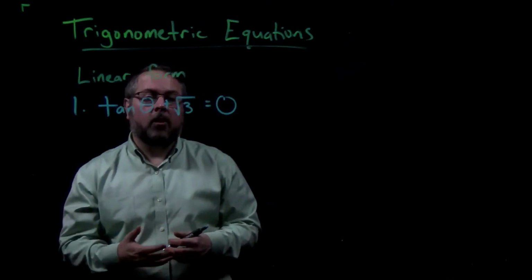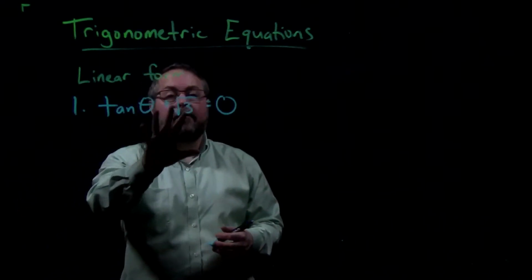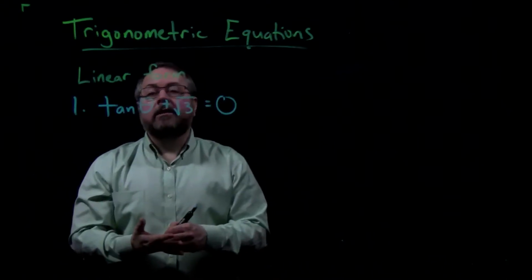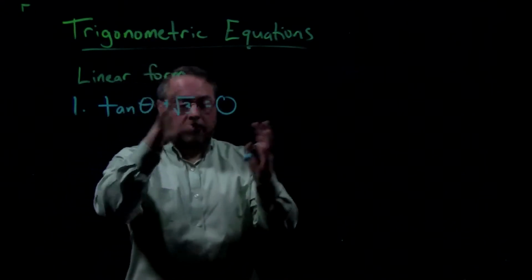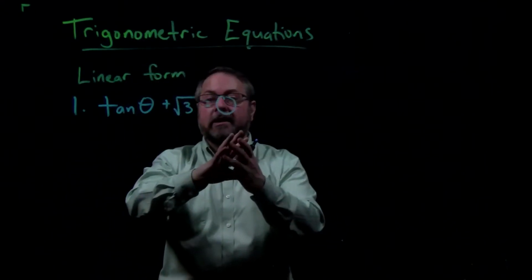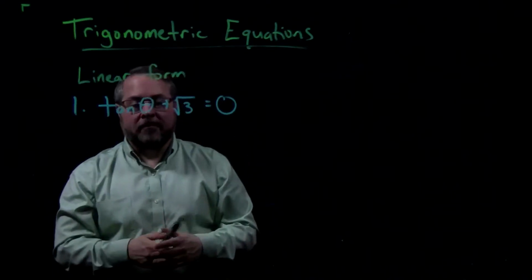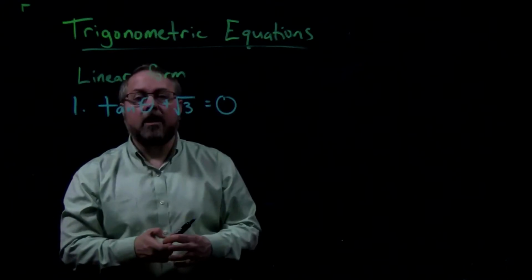So we could ask for all the angles between, say, 0 and 2 pi that make this equation true. So we'd only list out a finite number of angles. The other thing we can do is find what we call the general solution, which will be sort of a formula that we can use to find any angle that satisfies the equation. And I'll show you both ways to go about doing this in this example.